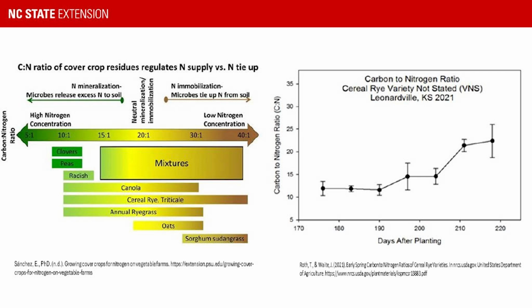So going back to that cereal rye before soybean study, it's 4 weeks out. I'm at heading stage with my cereal rye, but I really want long-lasting residue for better weed suppression during my soybean growing season. So I decide to let that cover crop ride. I'm going to terminate it later in hopes that C:N ratio increases.